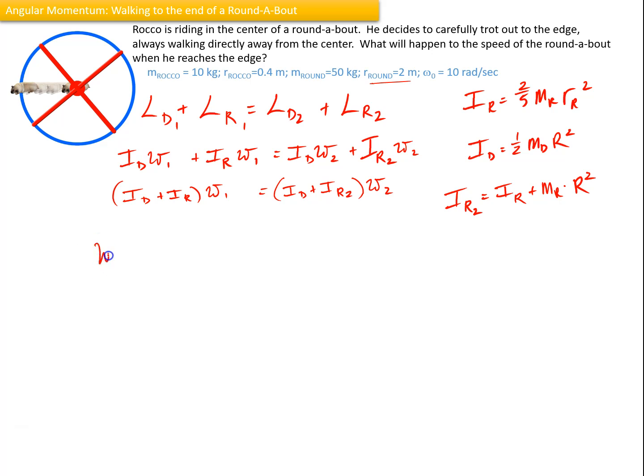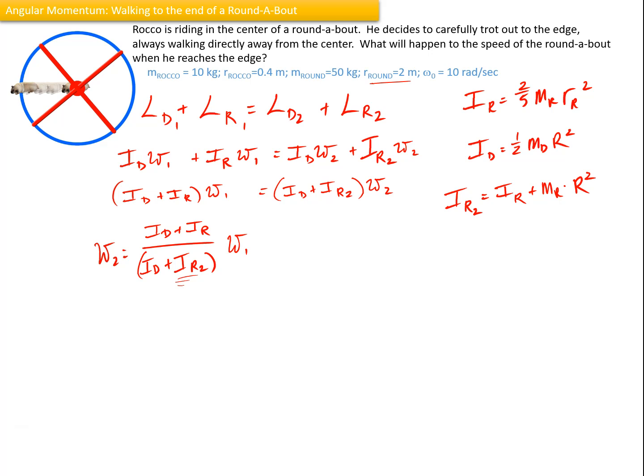If we solve for omega 2, we get that it is equal to the sum of the moments of inertia before Rocco walks divided by the sum of the moments of inertia after Rocco walks out, times the initial angular velocity. So now we can see that since Rocco's moment of inertia is getting bigger, the bottom of this fraction is getting bigger, and therefore the final angular velocity is going to be less than it was in the beginning.